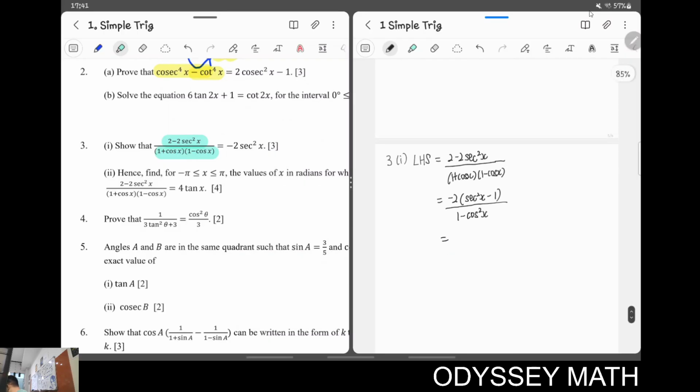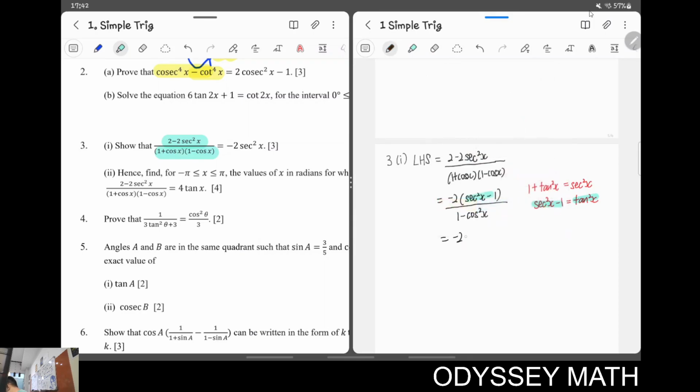Based on this trigo identity, we know that 1 plus tangent square x equals to secant square x. So secant square x minus 1 would be equals to tangent square x. So I would replace this with tangent square x. So you will always need to refer back to the trigo formula sheet.